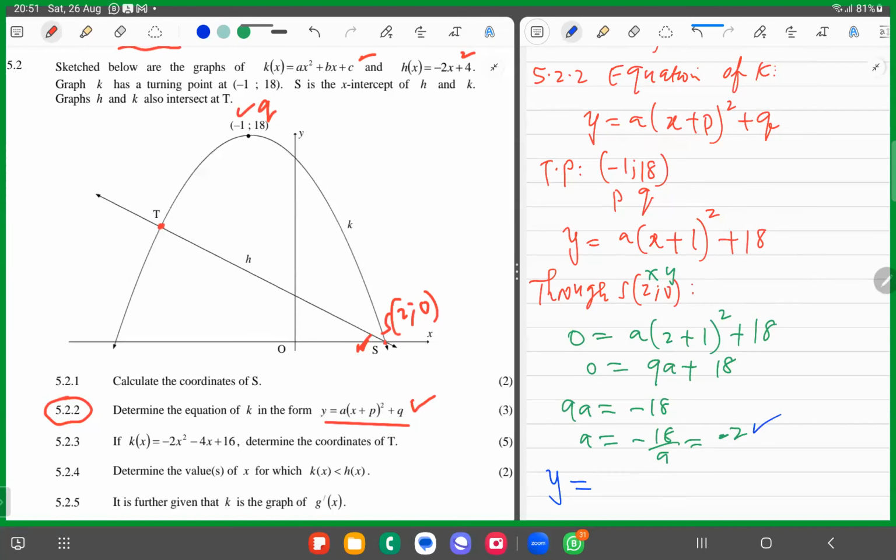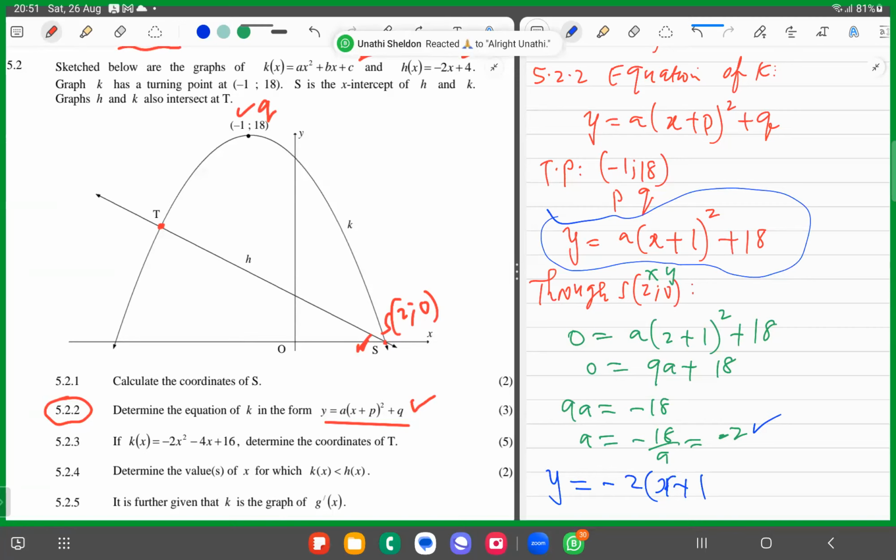A is -2, and you substitute it into this equation. So A is -2 into x plus 1, and then you square it plus 18. So that is the equation in the required form, the one I'm encircling in red, so it is exactly of the form the examiner wanted there, and you get the 3 marks there.